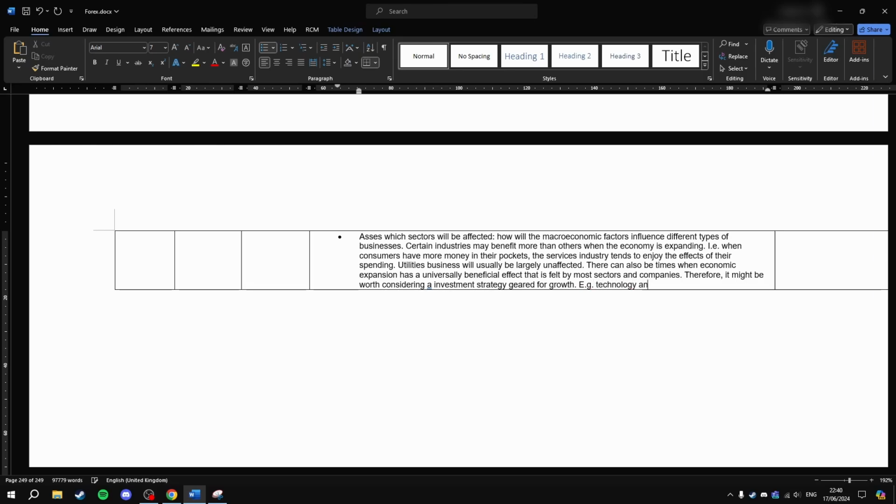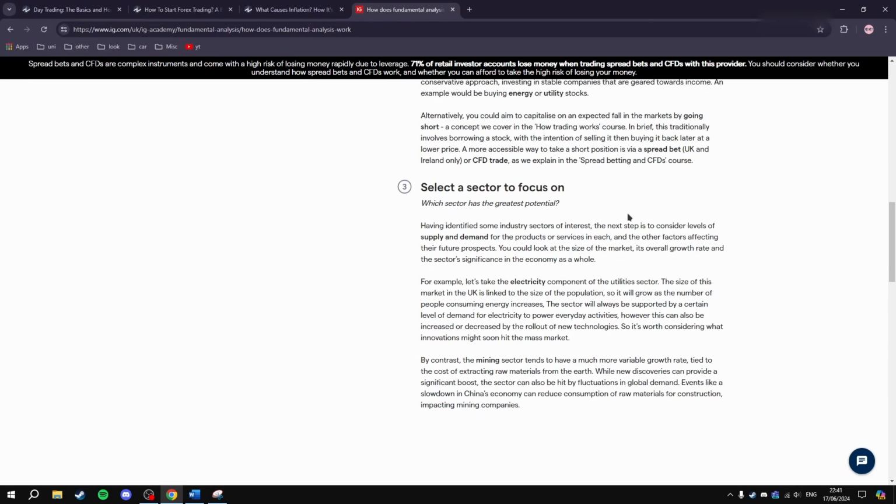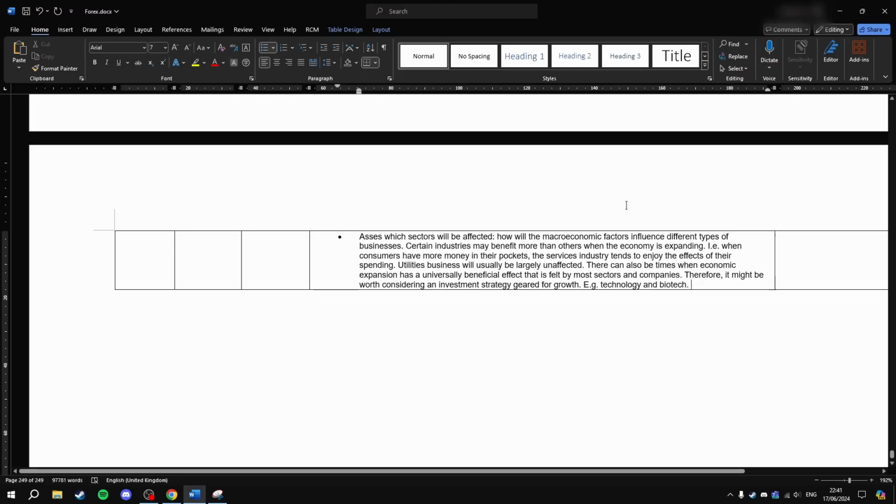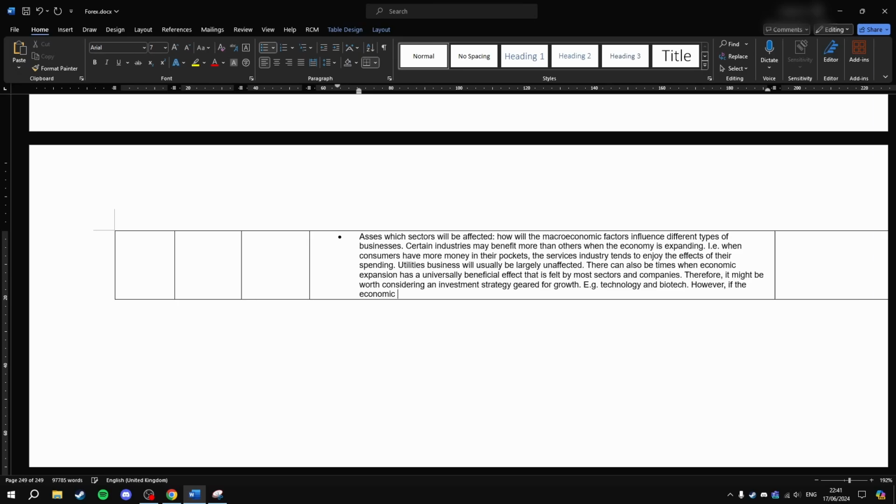On the other hand, if the economy is expected to shrink, a conservative approach might be better.